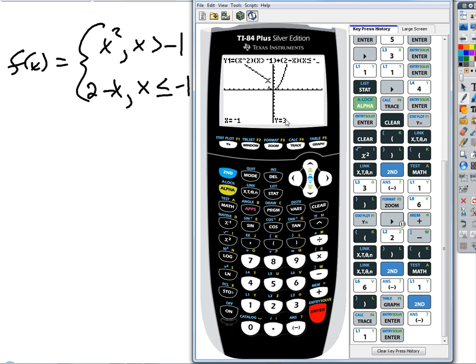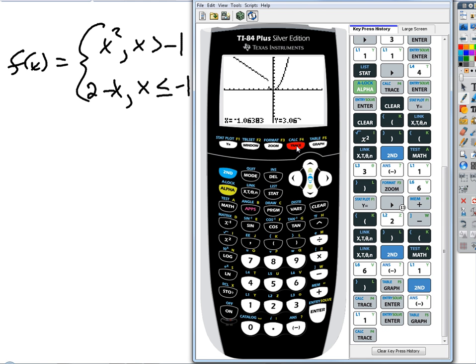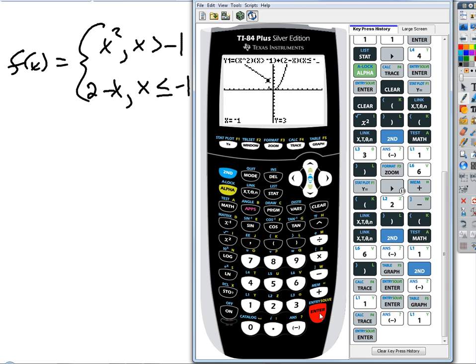I just did second calc value, or the shortcut is, if I have it graphed, I just go trace and type in -1, because that's my breaking point. It puts it up on the left one. You see that? Yes, sir. Yeah, then you have to type in -1.